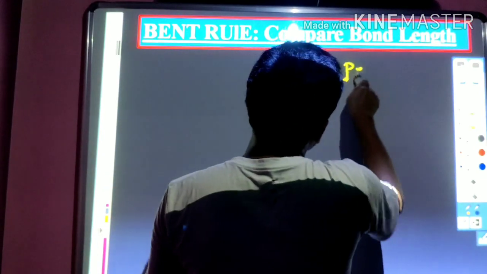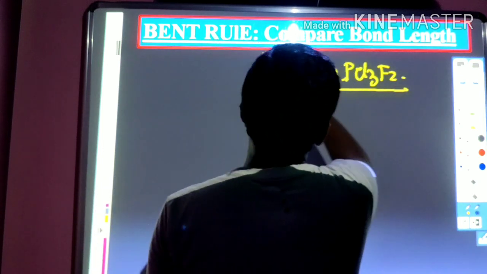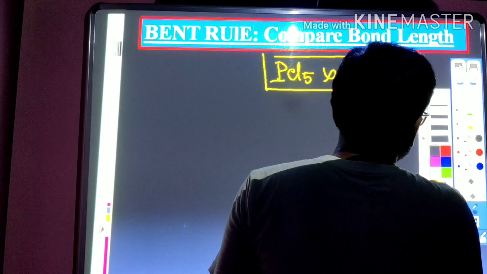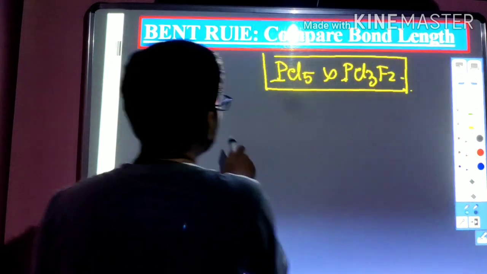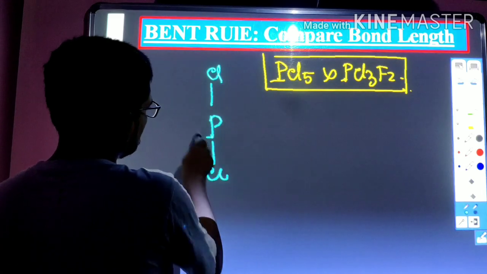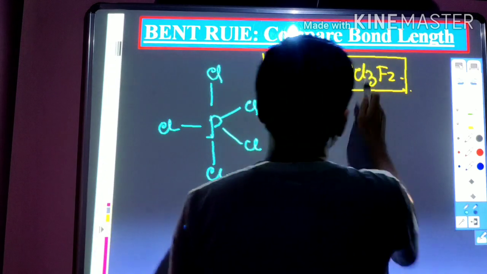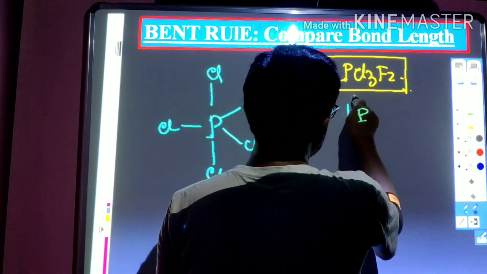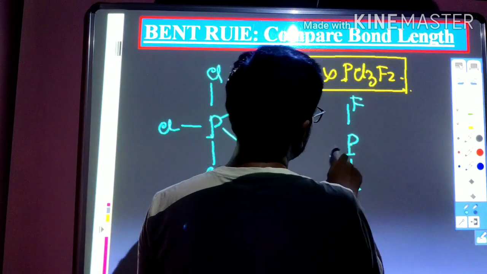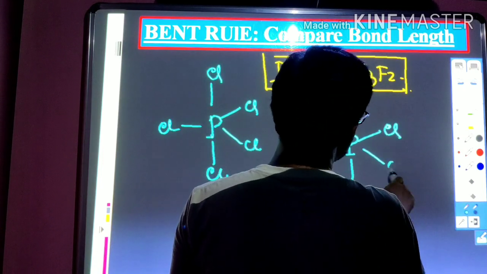First draw the structure. P with five Cl for PCl5. Now in PCl3F2, the chlorines will be in the axial positions.